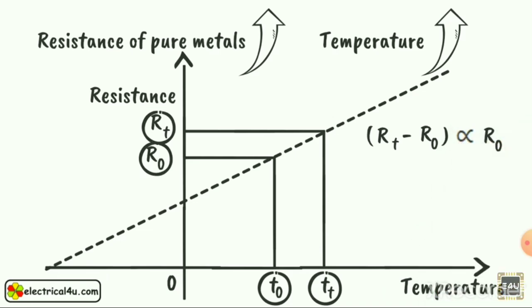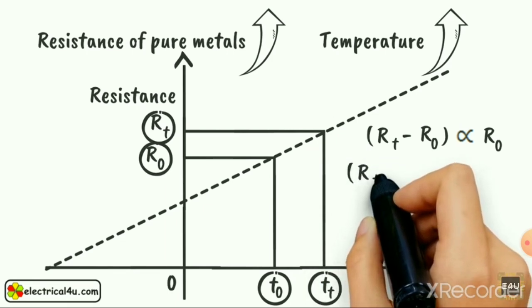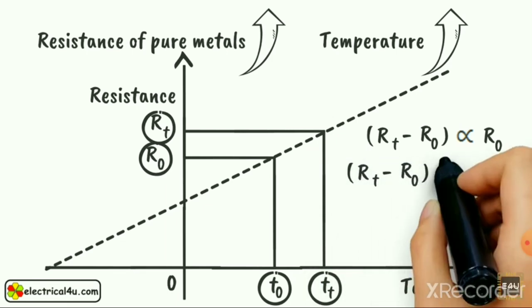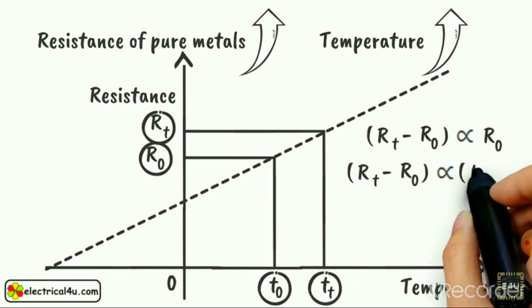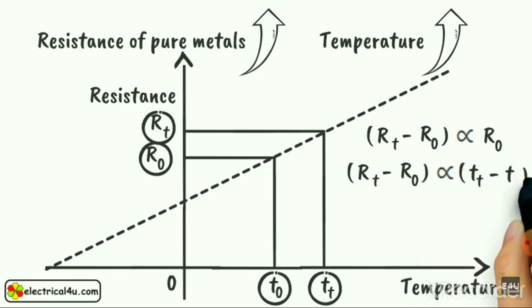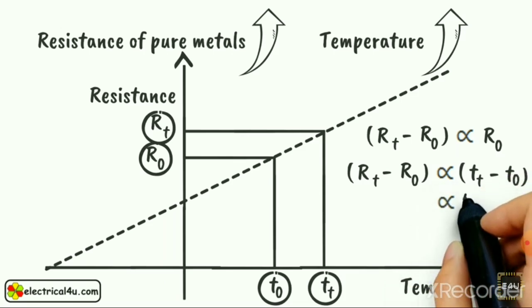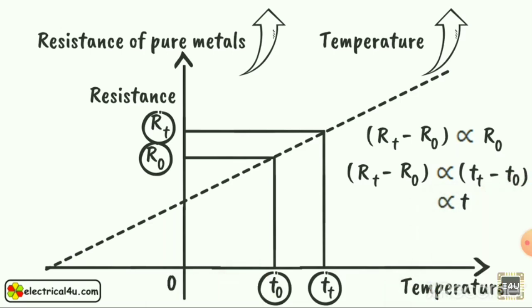It is also needless to say that change of resistance depends on how much the temperature of the conductor has been changed. That means, if variation of temperature is more, the change in resistance is more, and vice versa. That means R_T minus R0 is also directly proportional to the temperature rise, T_T minus T0, let's say it is T. This change also depends upon the nature of the material.